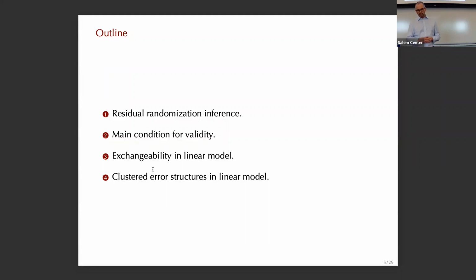And then I will talk about clustered error structures, which is, I guess, less important. I'll just show you how easy it is to apply this method in more complex error structures. But the meat of the method is in the first few parts. I think the neat conditions and the robustness properties are in part 3. Part 4 will show you how versatile this method is.